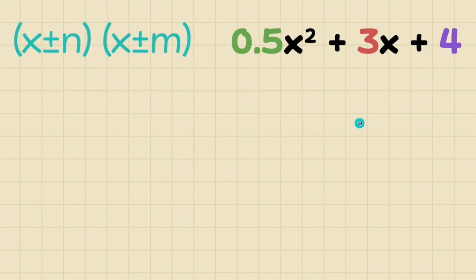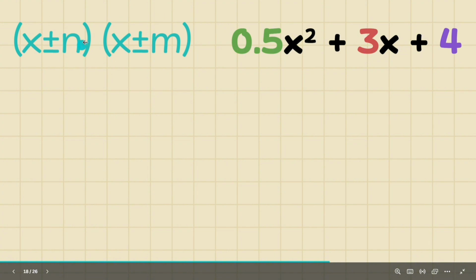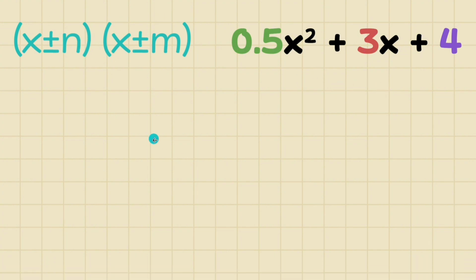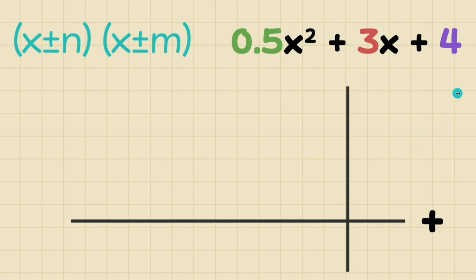Here, we have this equation, and the way I'm going to be finding these values, the x factors, is through a method I really love using, which is called the cross method.